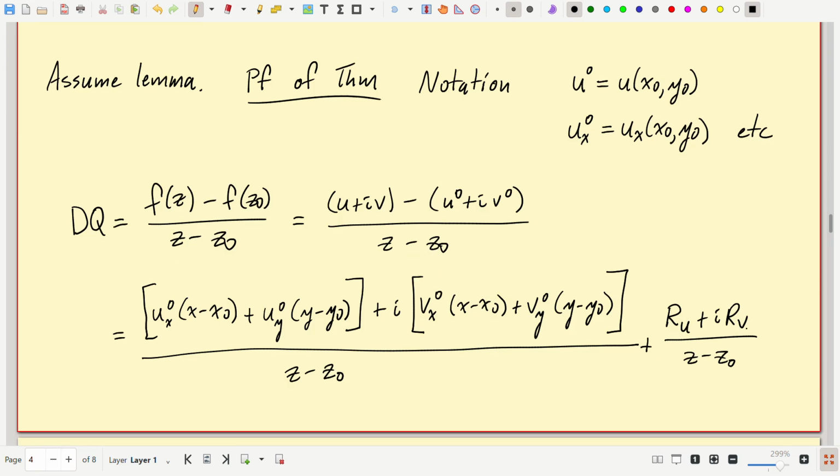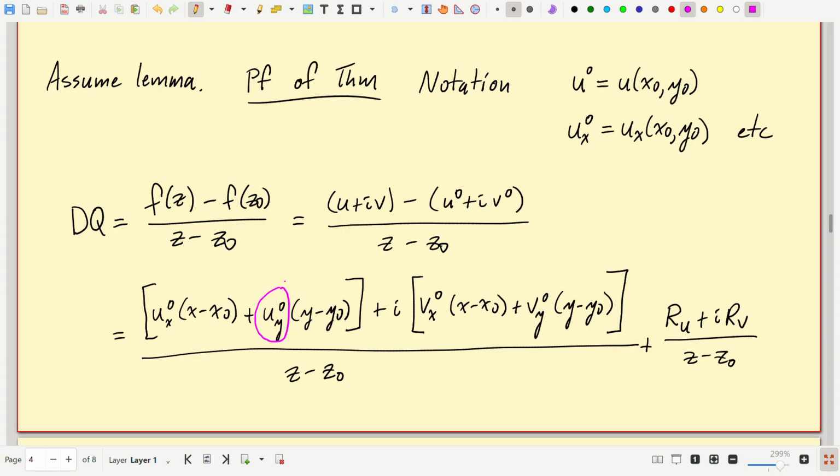But now I'm going to use the Cauchy-Riemann equations. And I like red box number 1 the best. It's my favorite red box. And red box number 1 only has derivatives with respect to x. So I'm going to use the Cauchy-Riemann equations to get rid of the derivatives with respect to y here.